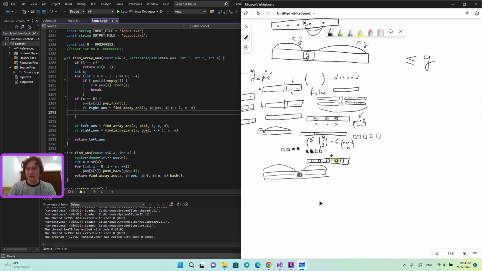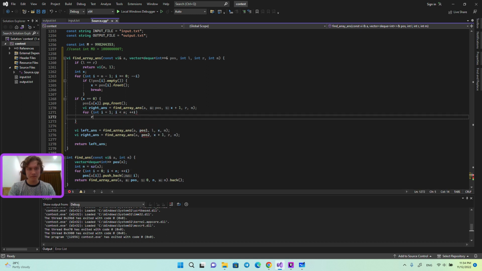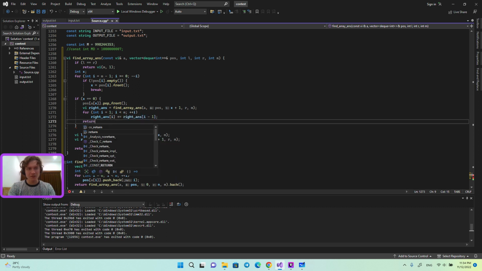And what do I say next? I just say that number of ways with y is just the number of ways where this is at most y. And so I just find the prefix sums and return right ans.